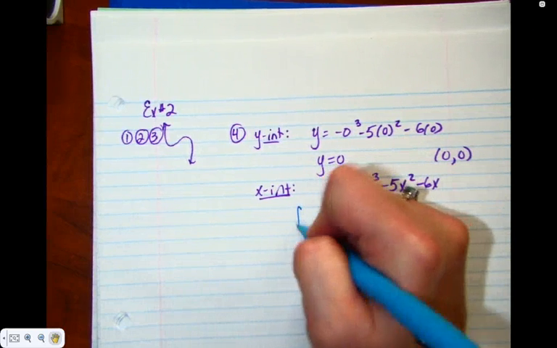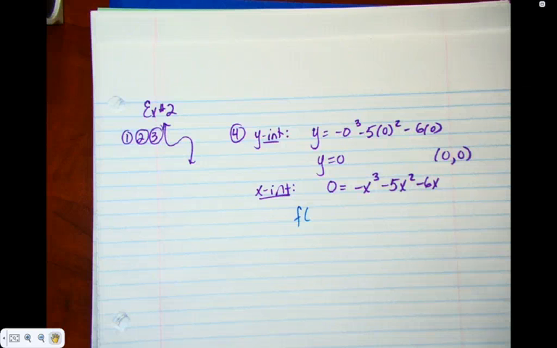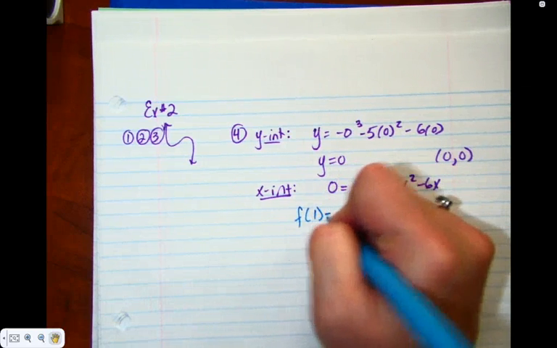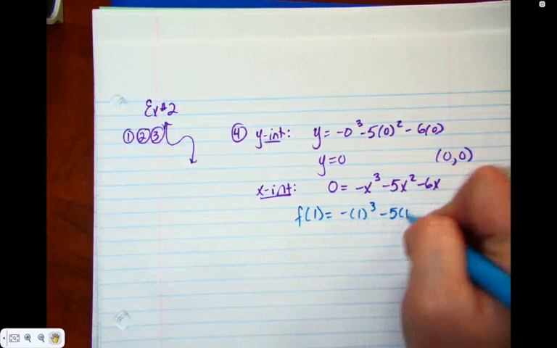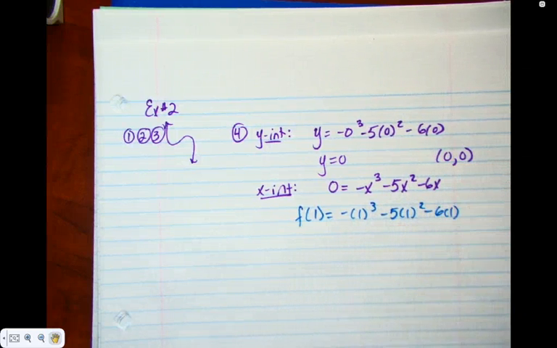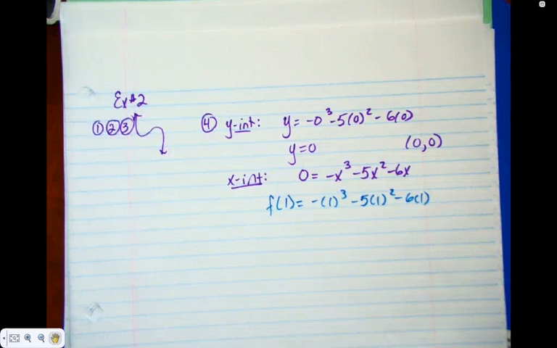So guess a number. I heard someone say 1. Okay. Again, you don't need to show that. I'm just doing all the steps for the first example so you can see what's happening.